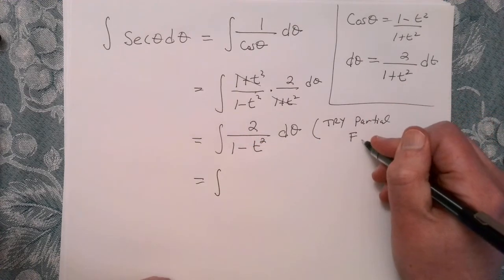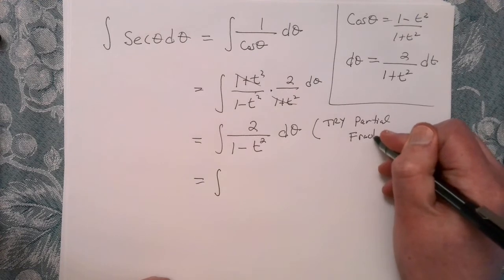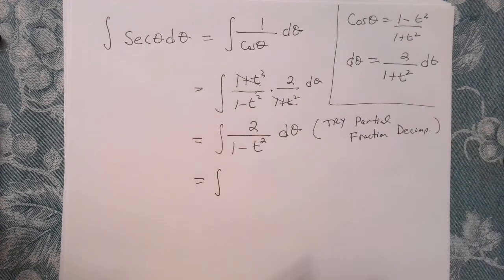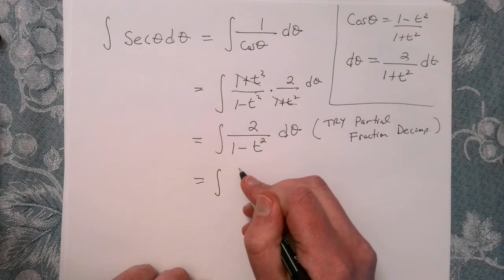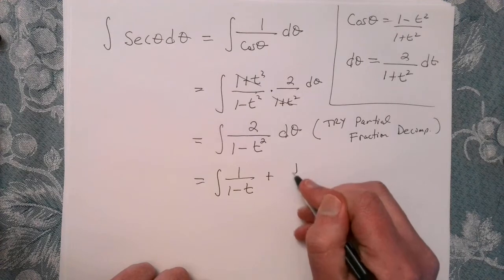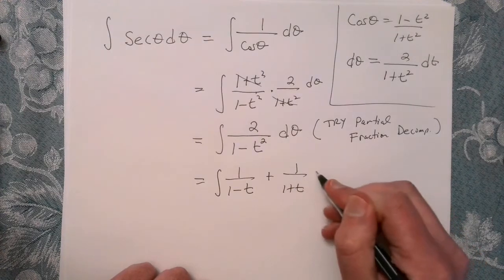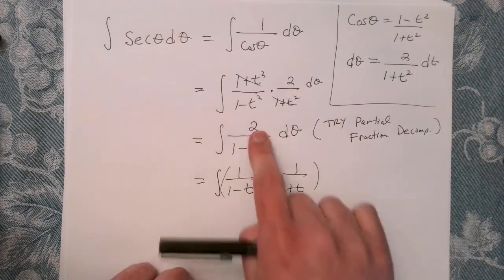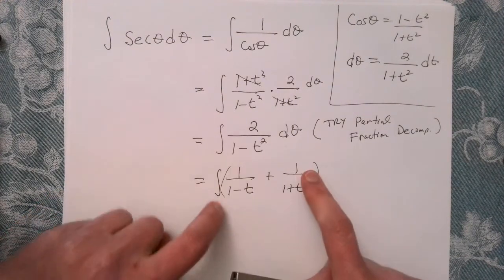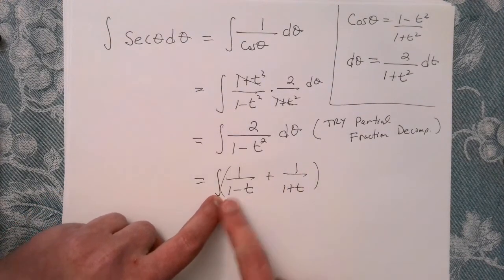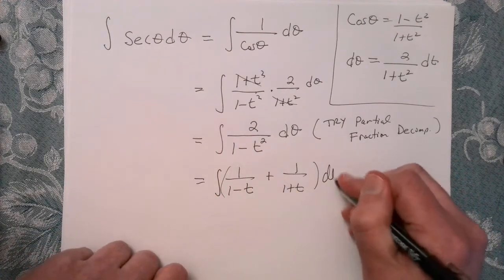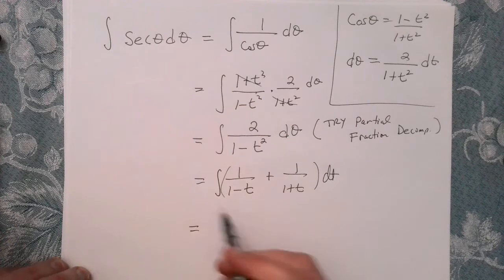So try partial fraction decomposition. If you do that, you get the following: 1 over 1 minus t plus 1 over 1 plus t. You can easily convince yourself of that, right? Because if I add these, it's this product plus this product, there's your 2, over this product, which is exactly this. And that's dt. So that's not bad to integrate.